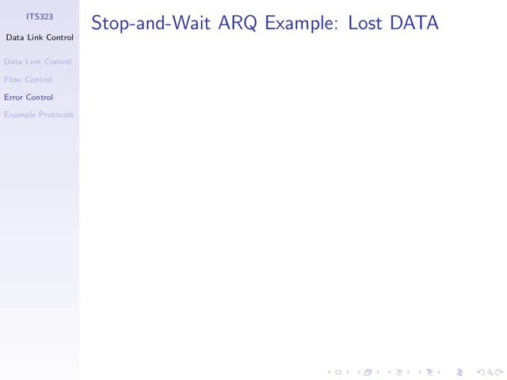And let's say everything works okay in this case. That is, the frame gets delivered to the other side. Destination B processes that and everything's okay. It's not a damaged frame. Responds with an ACK.